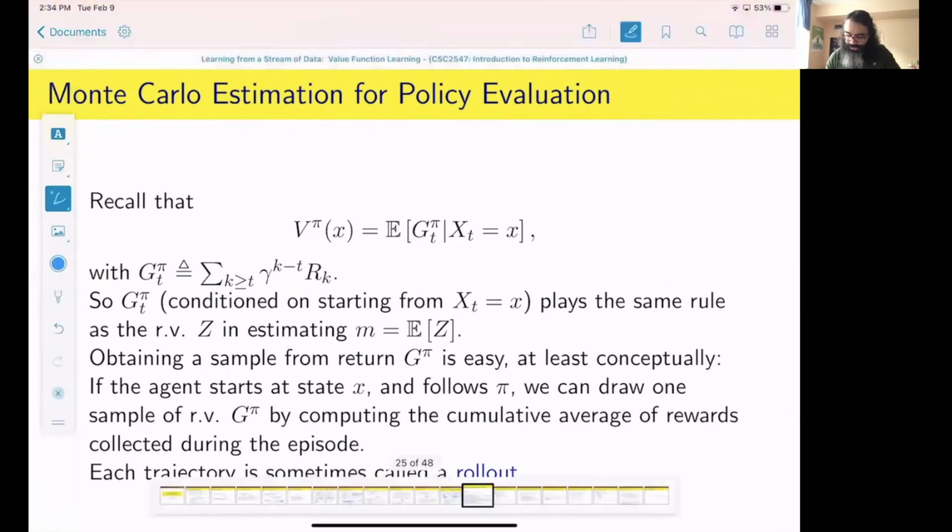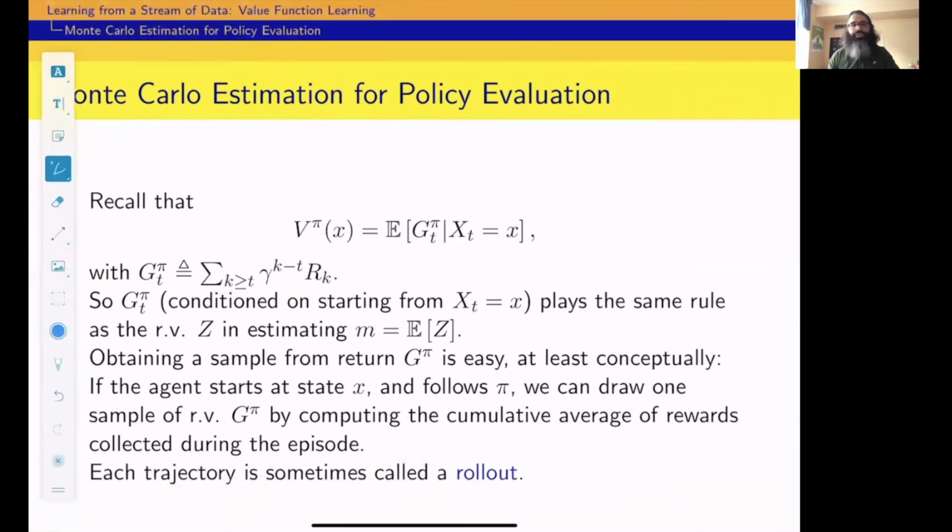So what is the idea? Recall that the value function, which we have seen several times already, is the expected return, or conditional expectation of return, when the agent starts at state X. G pi at T is essentially the return from time step T onwards to the future.